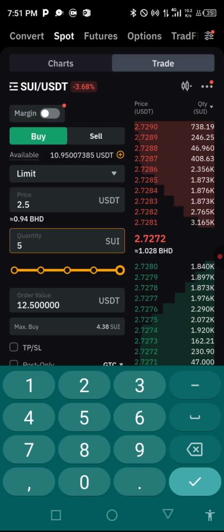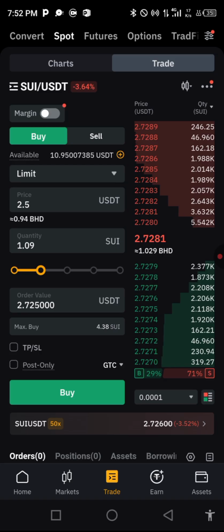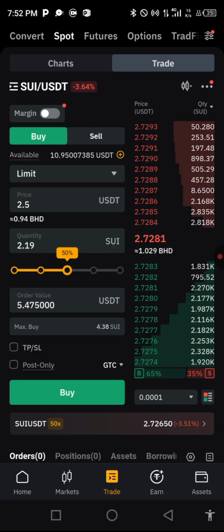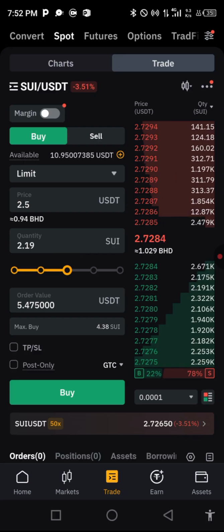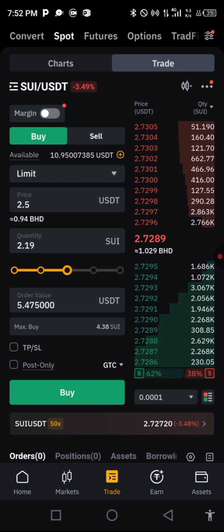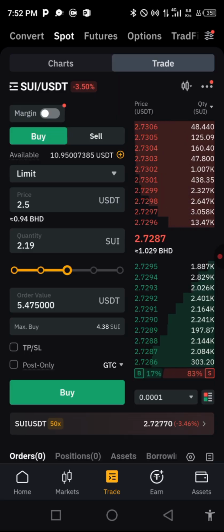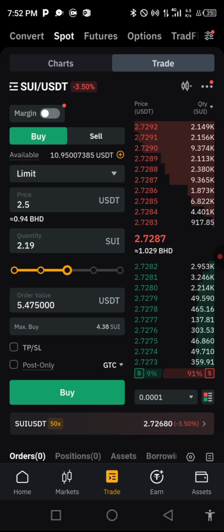No, okay, let me say I'm using 5% of, let's say I'm using 10%, or okay, let's say I'm using 50% of my portfolio. Let's say I'm using 50% of my USDT to actually buy this coin, right?